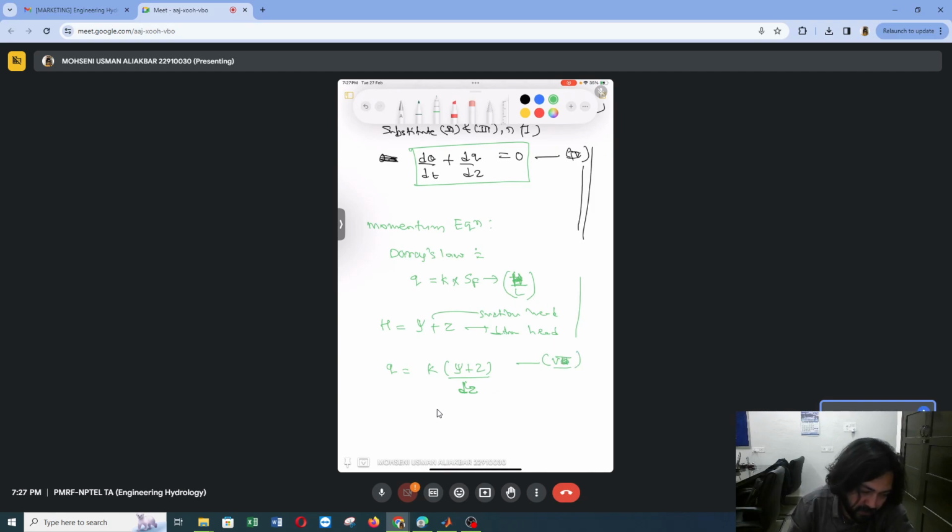Now we'll focus only on equation 5. We can say that q is equal to k, I'm multiplying k inside, and this will be the rate of change of k d psi by d theta into d theta by dz. We have applied partial differentiation here in k of dz by dz, right?